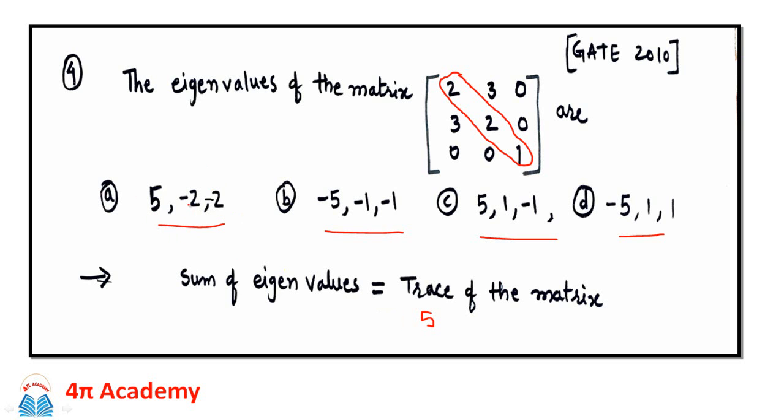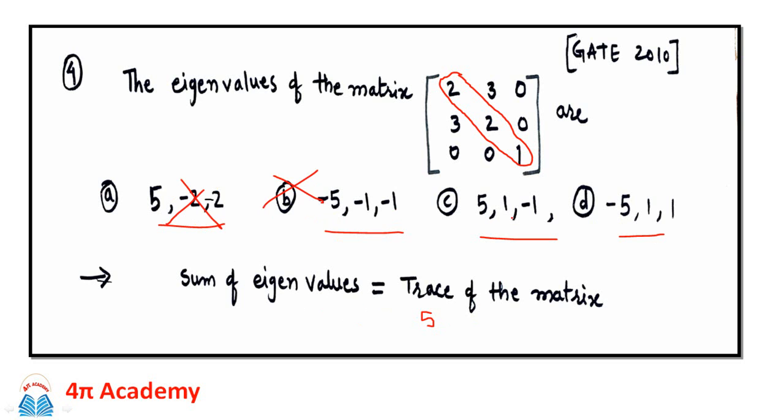So this is minus 4 minus 2 minus 2, that is minus 4, minus 4 plus 5, that is 1, and therefore this is not equal to the trace of the matrix. So this is not the correct one. Then option B, minus 5 minus 1 minus 1, which is equal to minus 7. So this option is also not correct.